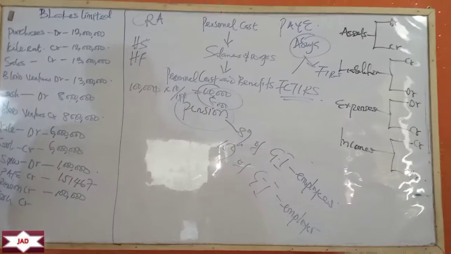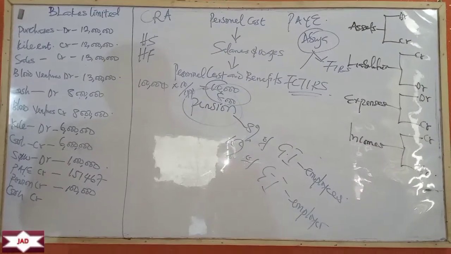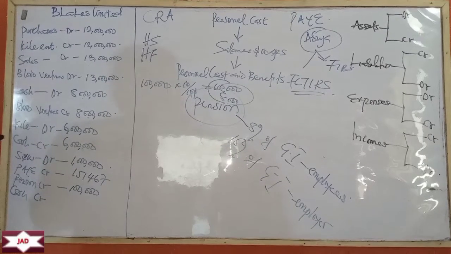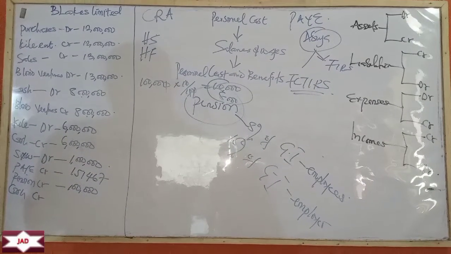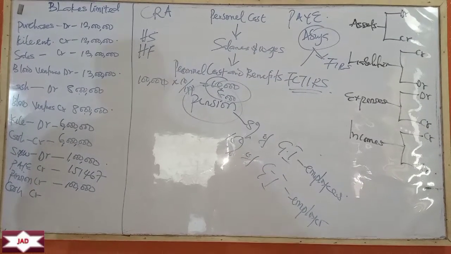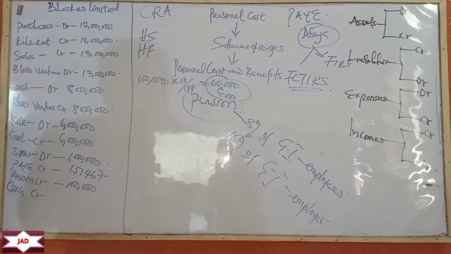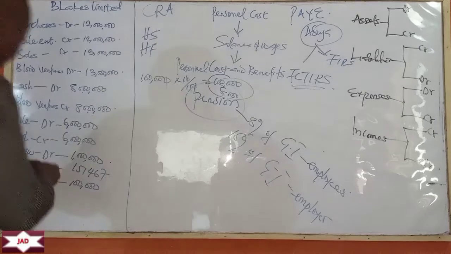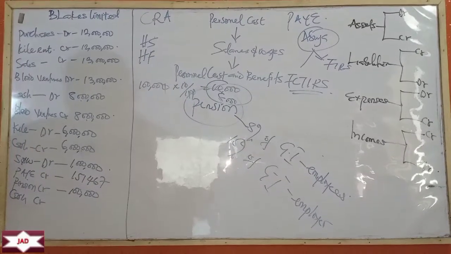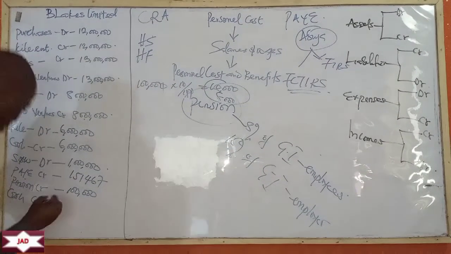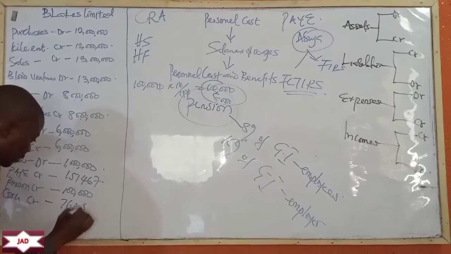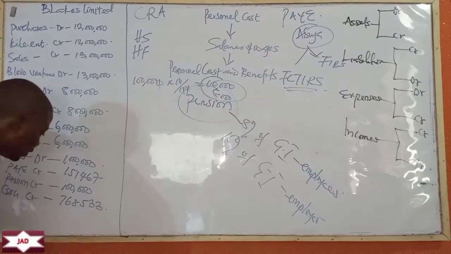So we have 1 million minus 80,000. That's 920,000 minus their tax, 151,467. Okay, I'm seeing 768,533.